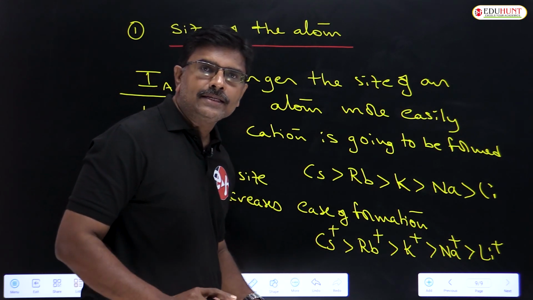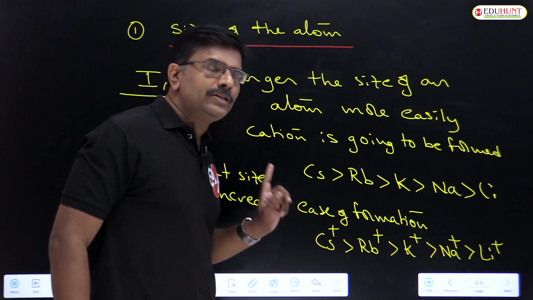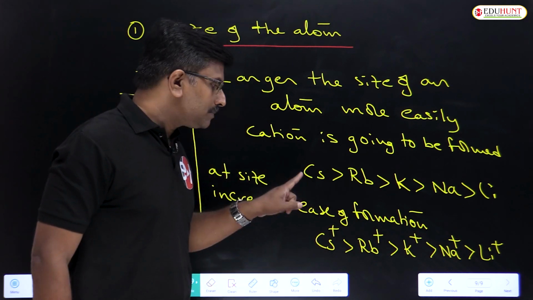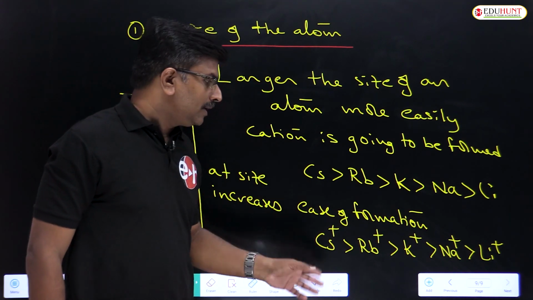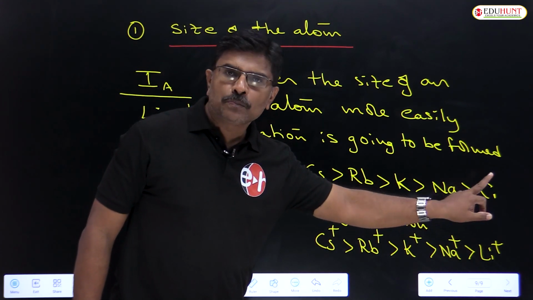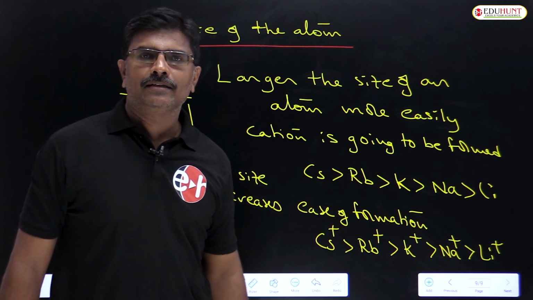So our point is, the larger the size of the atom, the more easily the cation is going to be formed. Cesium size is larger, so the cesium plus ion is easily formed, whereas lithium size is smaller, so the lithium plus ion is formed with difficulty.